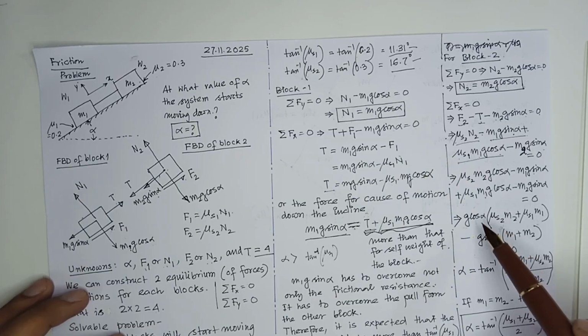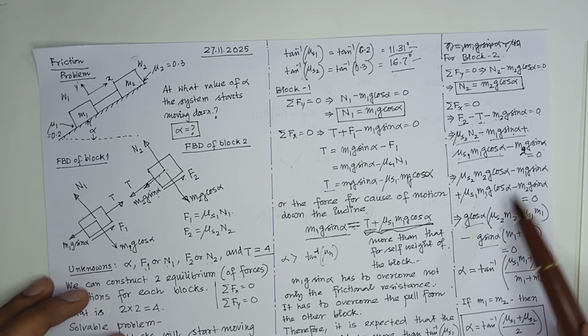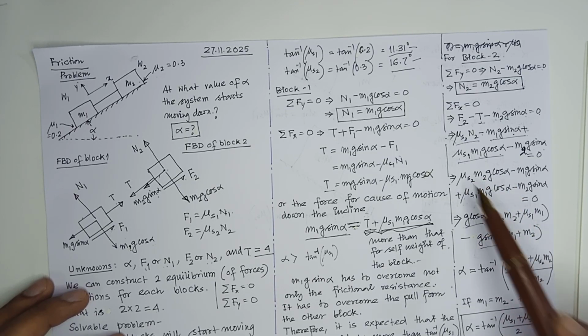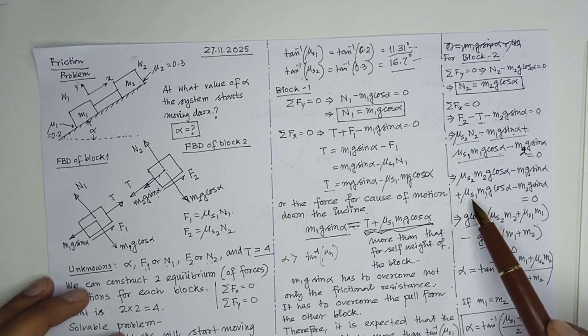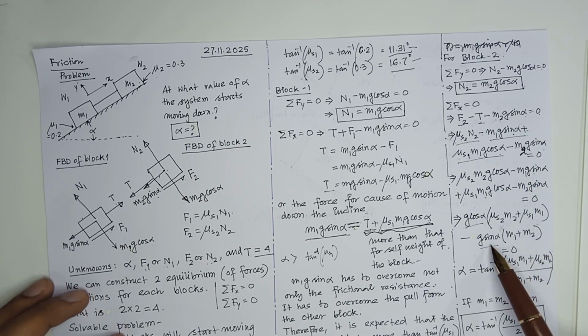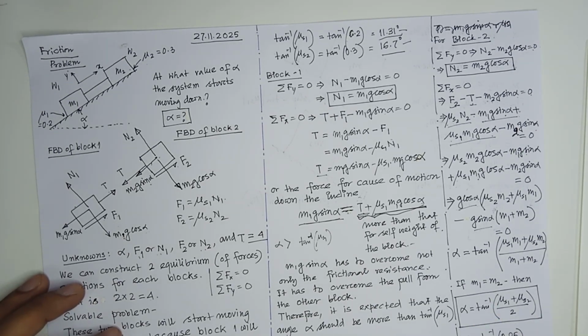Now we have collected the g cos alpha and g sin alpha terms. So g cos alpha multiplied by m2 mu s2 plus m1 mu s1, and g sin alpha terms, so m1 plus m2 multiplied by g sin alpha. From that we can determine what alpha is.